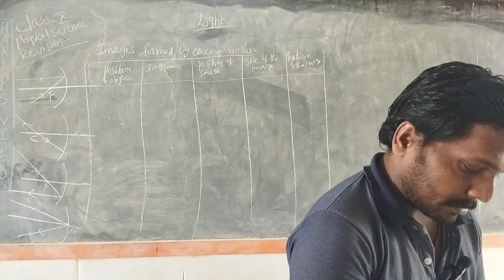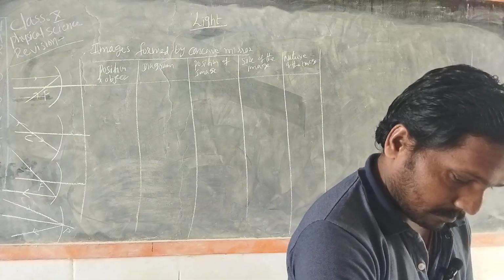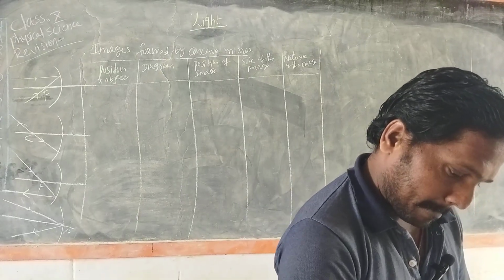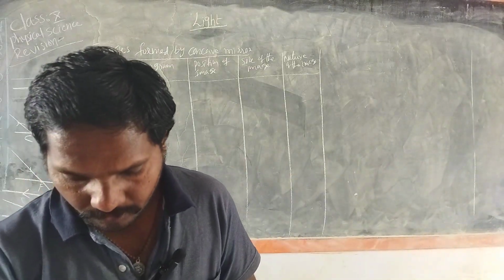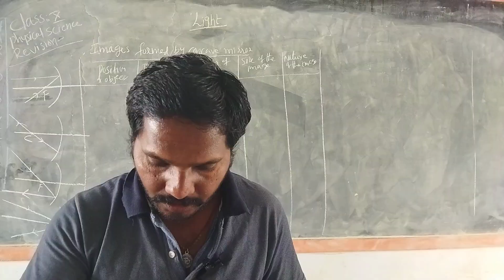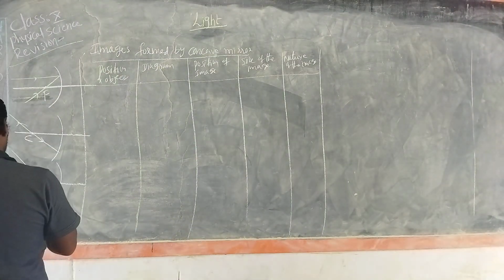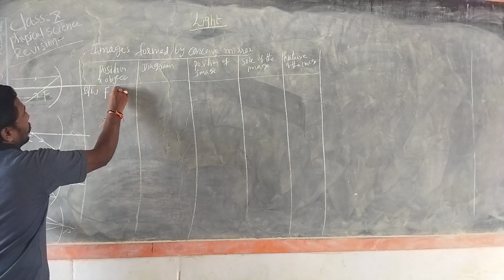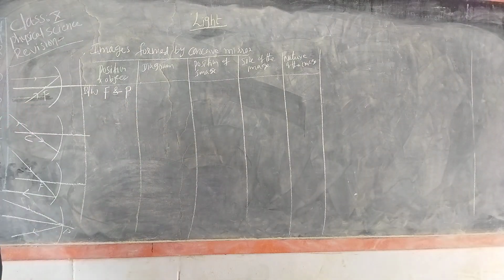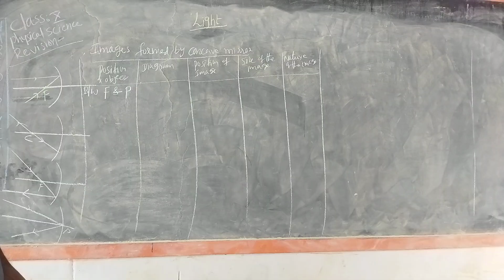By drawing diagrams. Okay. First, position of the object between pole and focus, between F and P. A better diagram I will draw last.